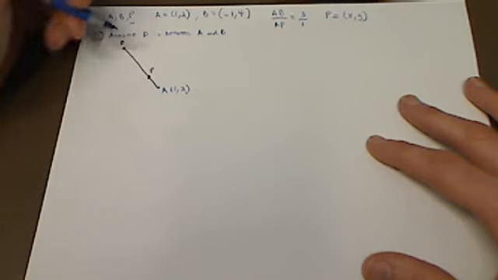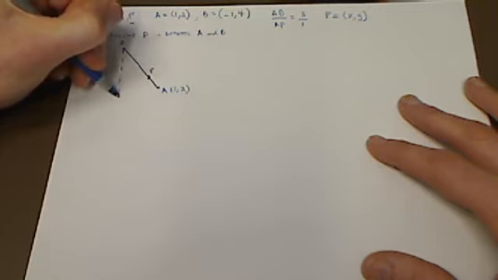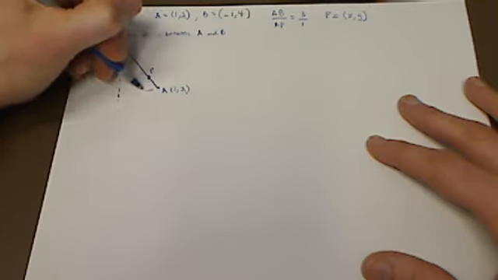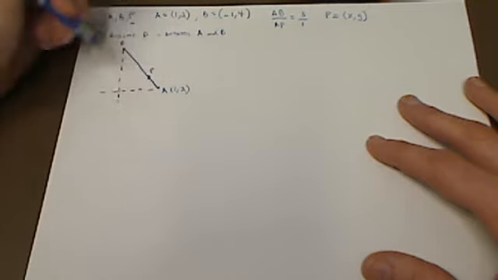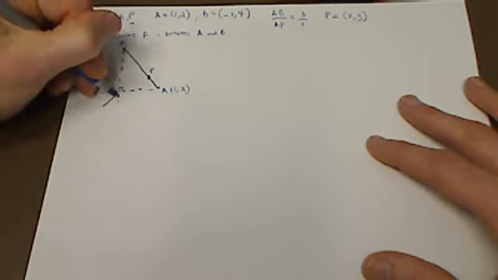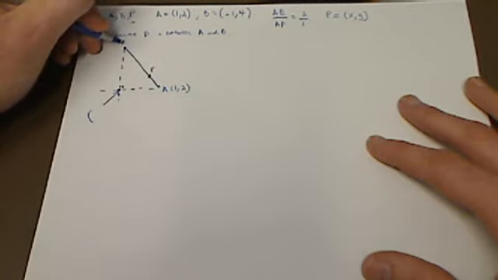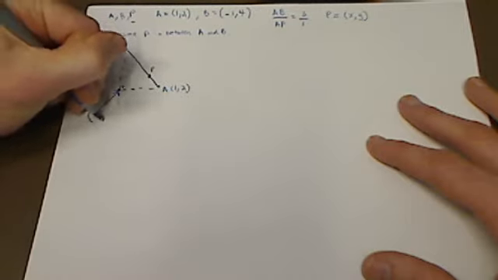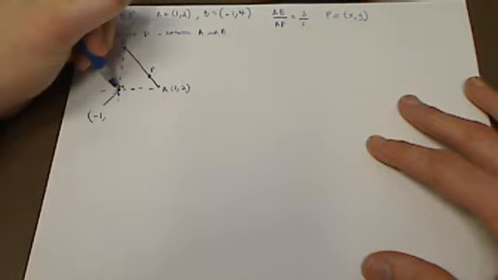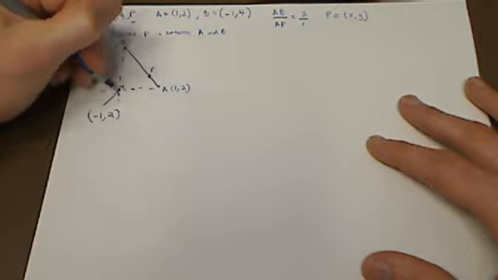In each situation, I'm going to be using some sort of bigger triangle to help us. So here's a bigger triangle where the coordinates of this point right here has the same x coordinate of B, which is minus 1, and the y coordinate is the same as the y coordinate of A, so the coordinates here are minus 1, 2.